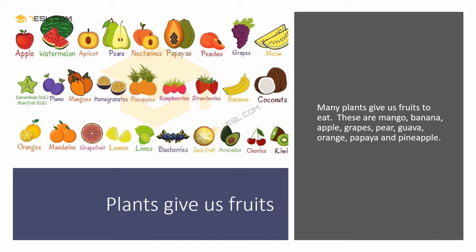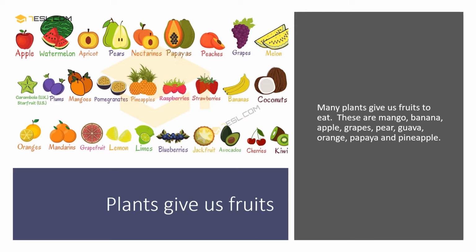Some of them, of course, we have not eaten. Maybe you have not eaten the mandarins and the grapefruit. The blueberries you might have not eaten. Avocado is not found here very much. You might have not even eaten the star fruits, but the rest you have eaten all of them, right? So these are fruits which you get on from trees and plants.